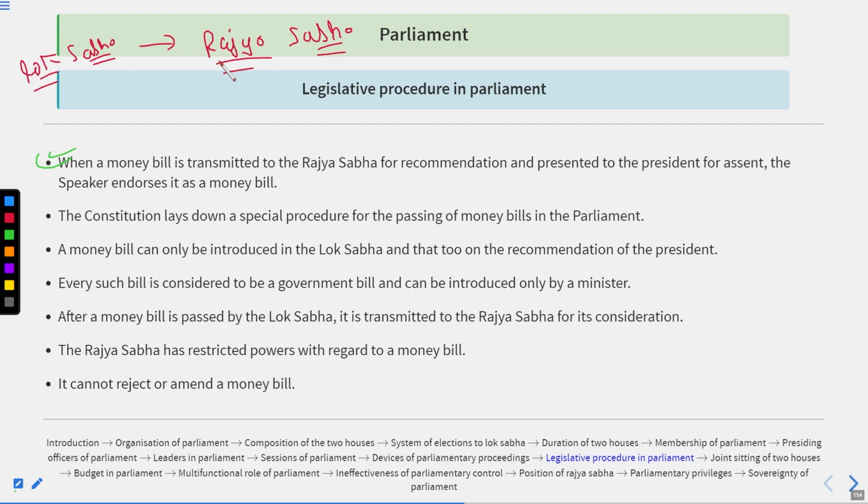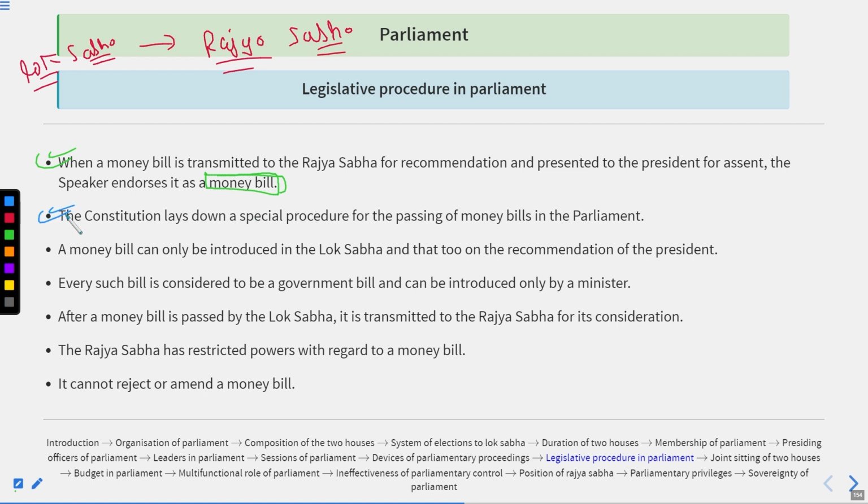So whenever the bill is transferred to the Rajya Sabha from the Lok Sabha, it is the responsibility of the speaker to endorse that the bill which has been transferred to the Rajya Sabha is a money bill. It means that the speaker is the one who will authenticate the bill as a money bill.